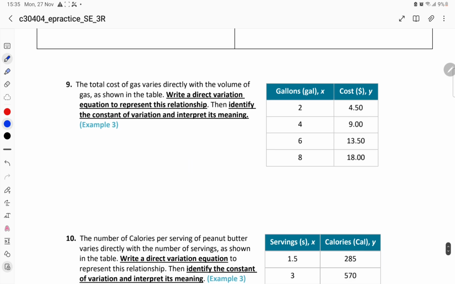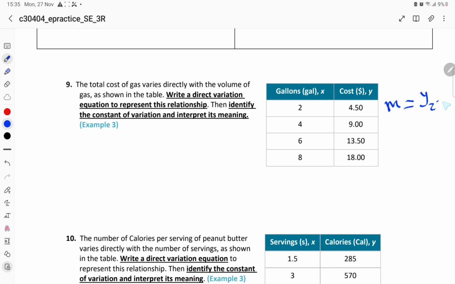Very good. Example 3. The total cost of gas varies directly with the volume of gas. As shown in the table, write a direct variation equation to represent this relationship, then identify the constant of variation and interpret its meaning. So, again, what is m?